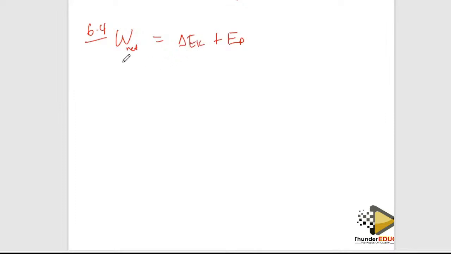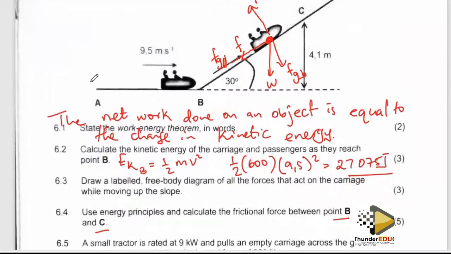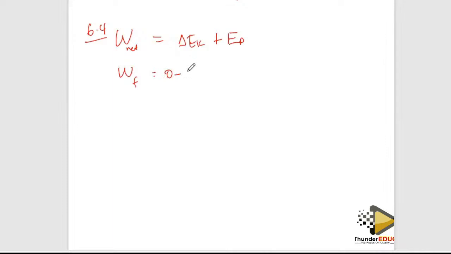All right, so I'll say that my Wnet is the same as the change in kinetic, my final kinetic, since this thing is coming to a stop, which means the velocity is going to be 0 at C. So it's going to be 0 minus the initial that we got, which was 27075, plus the change in EP.